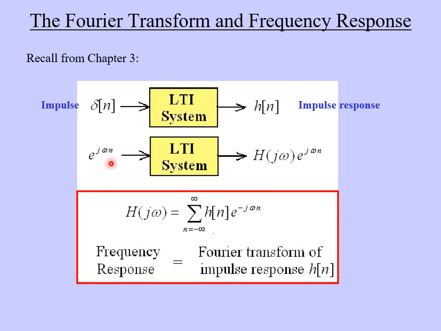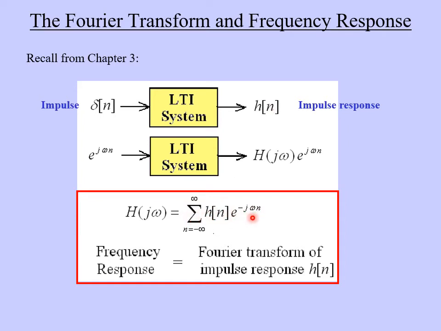Likewise, if we have for our input of the system a frequency component that is represented by the complex exponential e to the j omega n, then what the system outputs is that same frequency component, e to the j omega n, but it's now modified by this function H of j omega, which is the frequency response. And furthermore, we saw in chapter 3 that H of j omega was related to h of n, which remember is the impulse response, by this summation here.